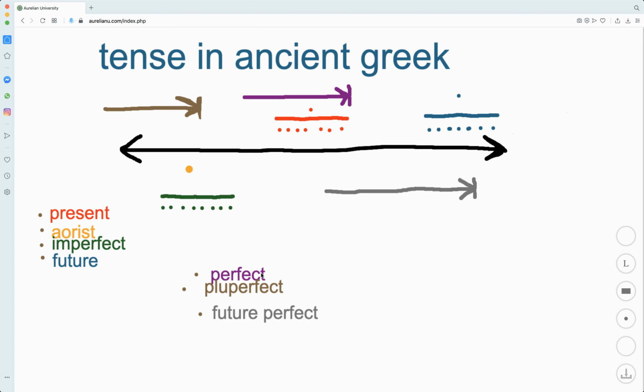If you look at the perfective tenses, perfect, pluperfect, and future perfect, these are a little bit different. They're actually, in my opinion, a little bit easier to get the idea of the translation behind. So the perfect is some sort of action started at some point in the past, but is finished by the present. So I have studied today.